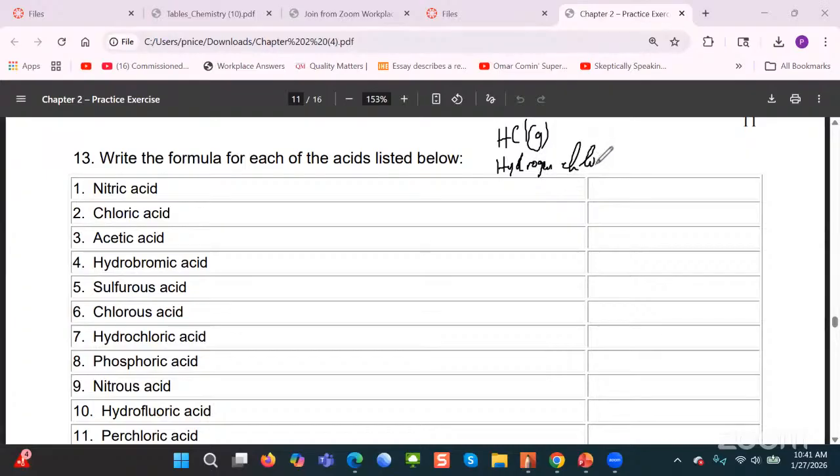All right? When you add hydrogen chloride to water, the corresponding acid HCl(aq) is known as hydrochloric acid. All right? So what we're talking about here is what is called a binary acid, which means that it's an acid which contains only two elements, in this case, hydrogen and chlorine, right?